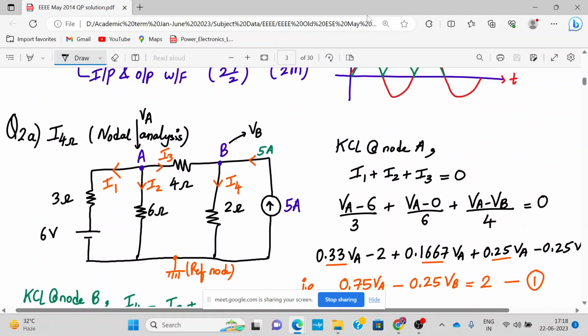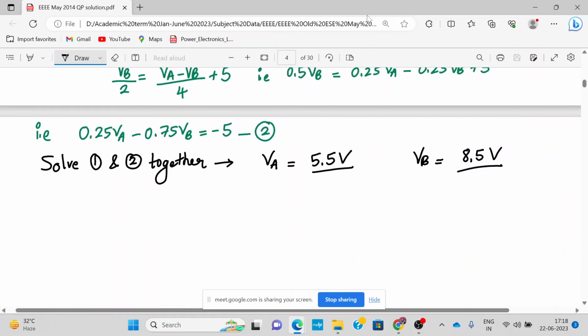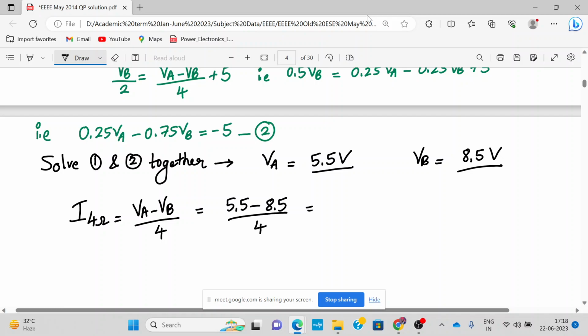But what we need to find out is the current flowing through 4 ohm, that is I3, right? What is I3 given by? VA minus VB upon 4 ohms. So 5.5 minus 8.5 upon 4. That will be minus 0.75 amperes.